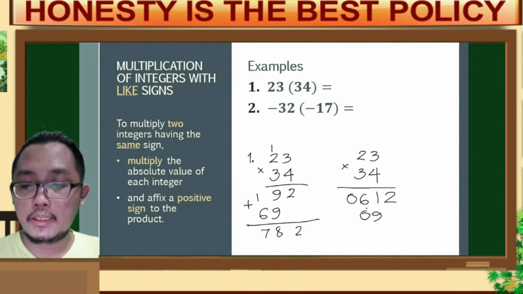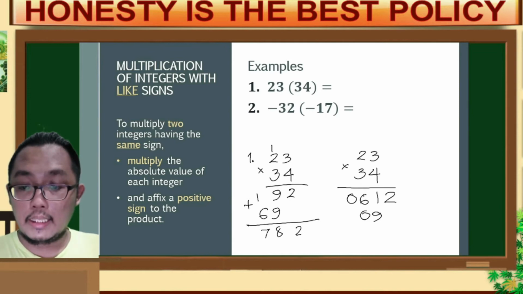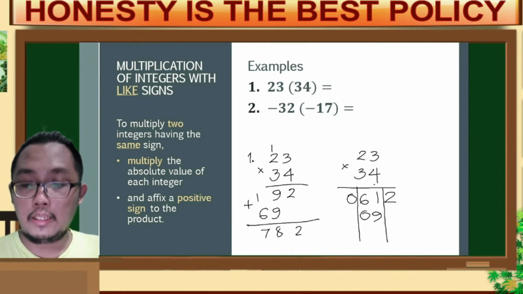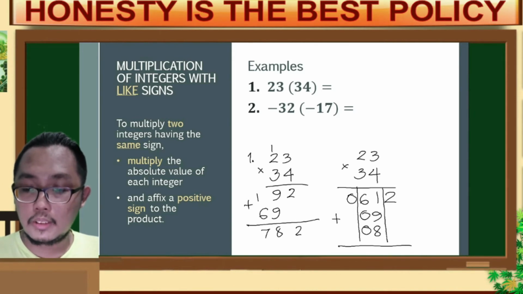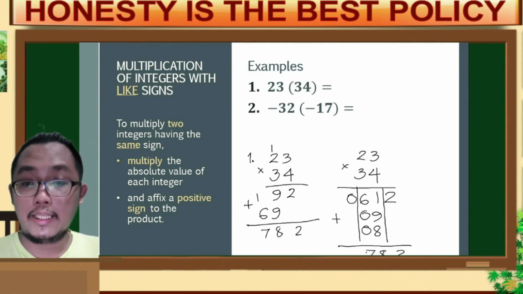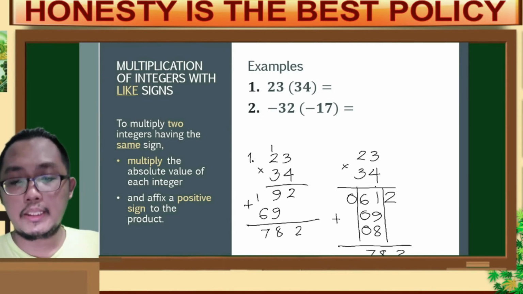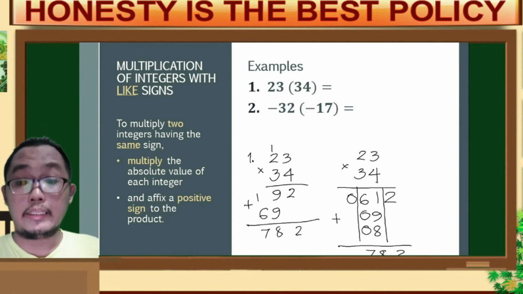Notice that I am writing the answers vertically aligned like this. Now let us multiply this next set of numbers. 2 times 4 is equal to 8, and I am writing 0, 8. Adding all these numbers together, we have 782 as well. This is just another way of multiplying integers.